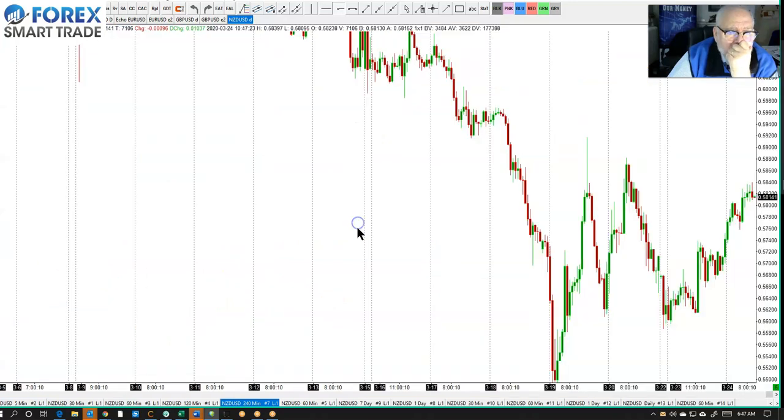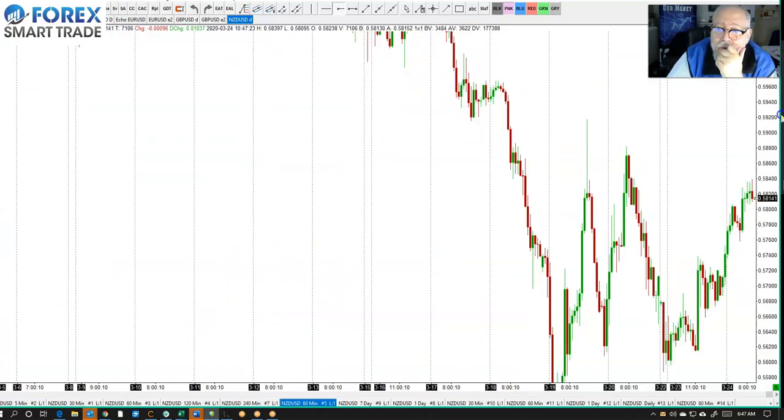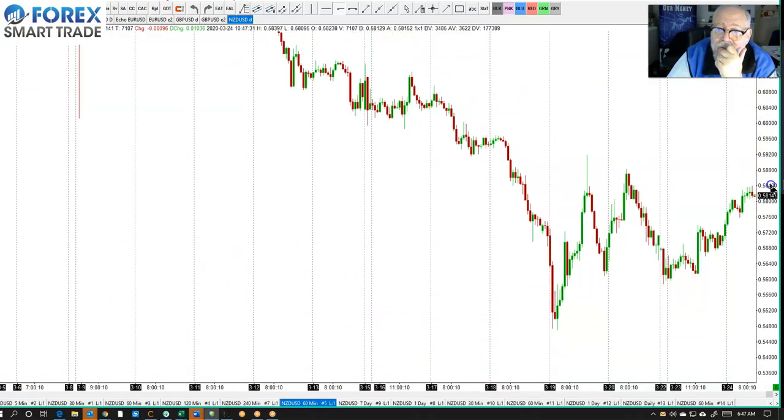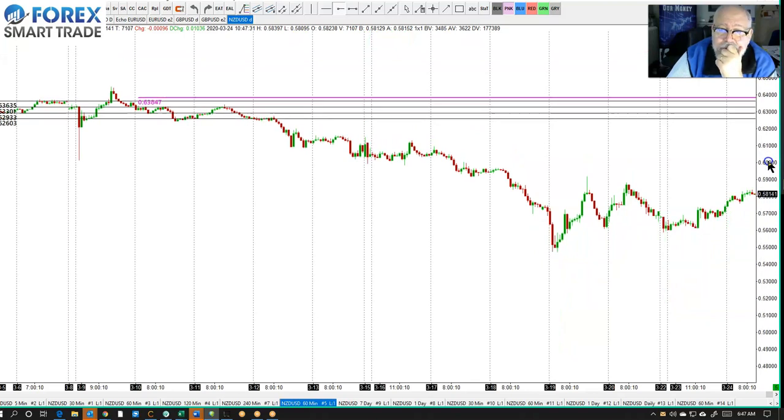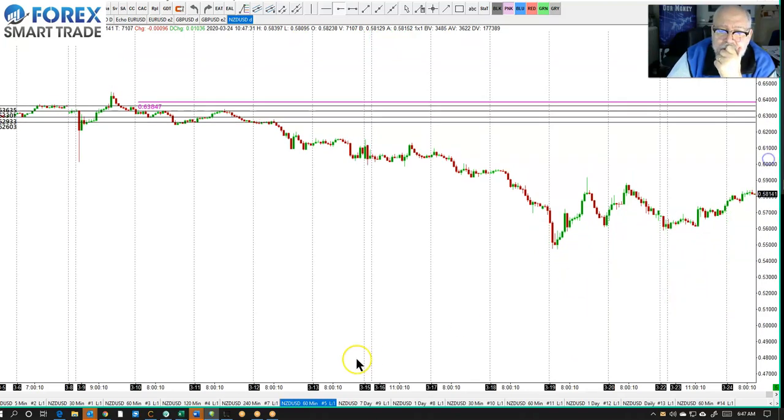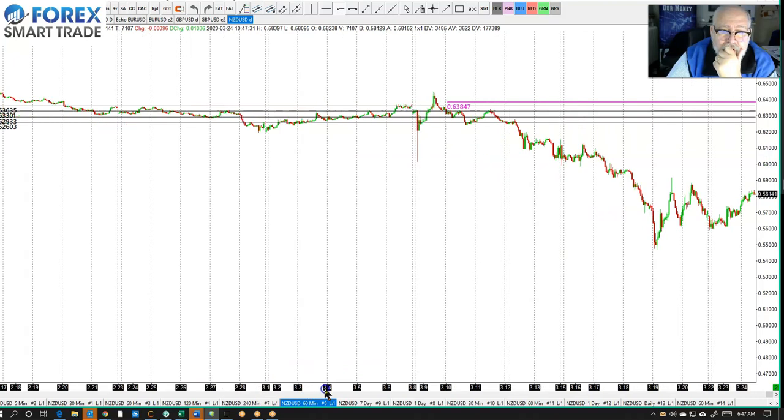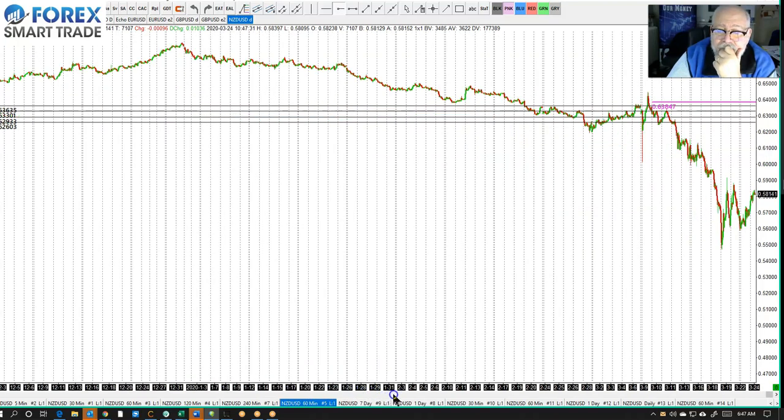First thing I want to do is get an idea where my support and resistance are. So I am going to crunch up the chart and start drawing some support and resistance.